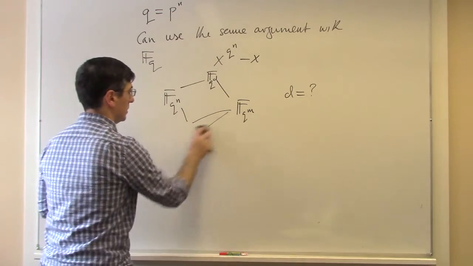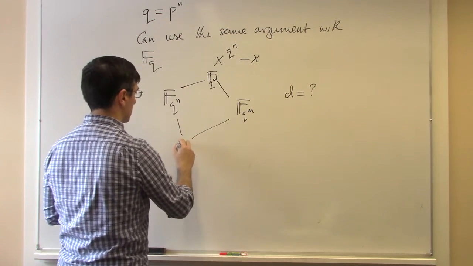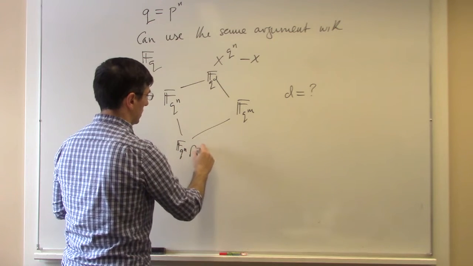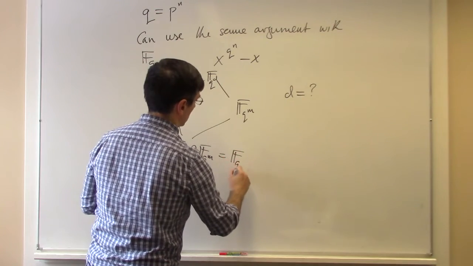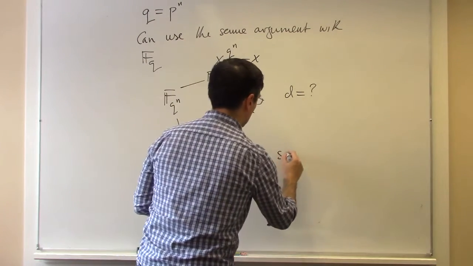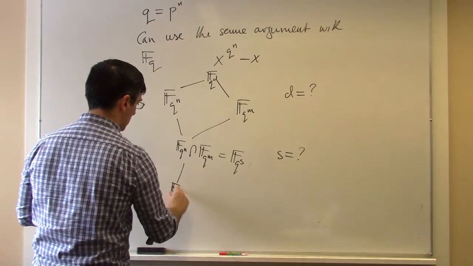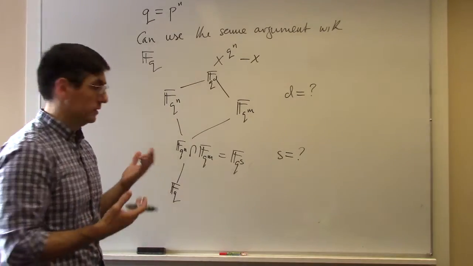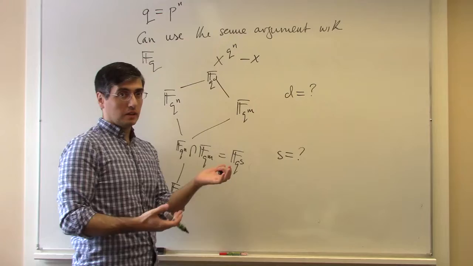So maybe I'll draw this way. F_{q^n}, F_{q^m}, and this is F_{q^s}. You should figure out what this s is, and this of course includes F_q, so this s is at least 1, but it can be larger.